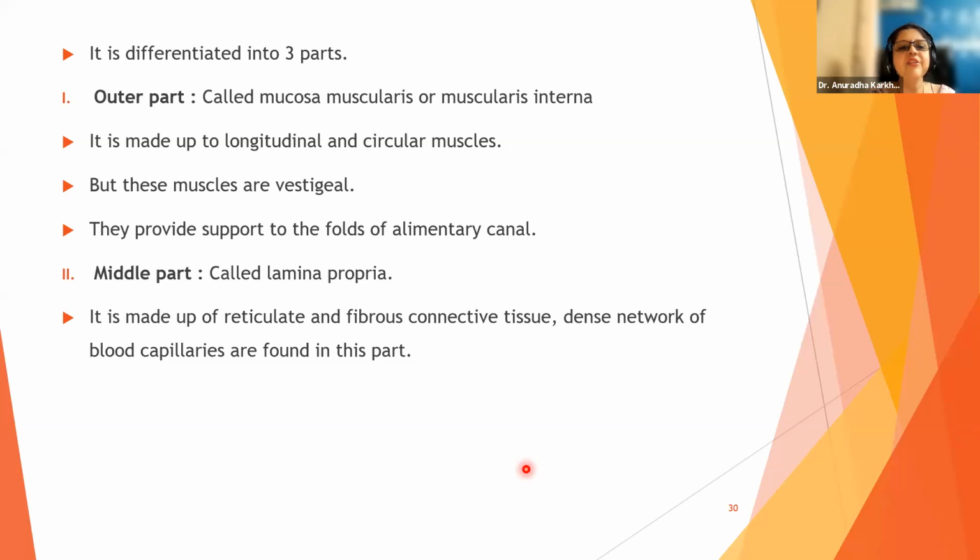Good, my dear. So here also, the middle part is going to be called lamina propria, which is made up of reticulate. Reticulate means network, a dense network of fibrous connective tissue. A dense network of blood capillaries would be found over here. So in the middle part, there is a blood capillary network and a fibrous connective tissue network, which will be called lamina propria. Okay. The outer part is going to be having longitudinal and circular muscles, right?